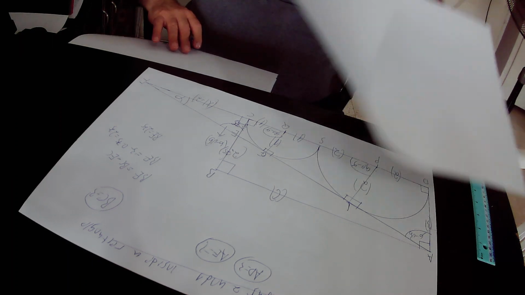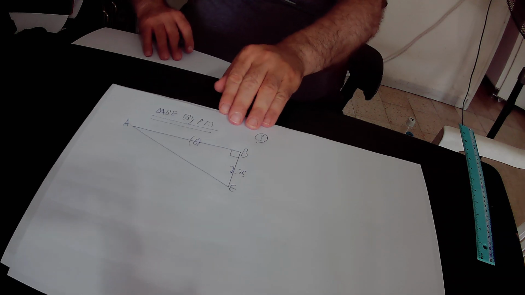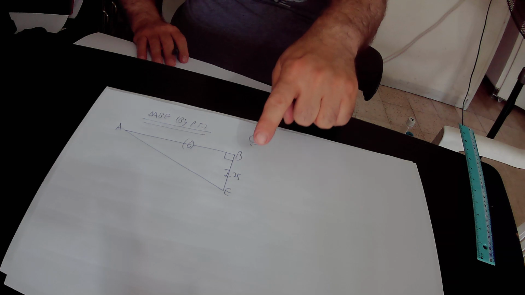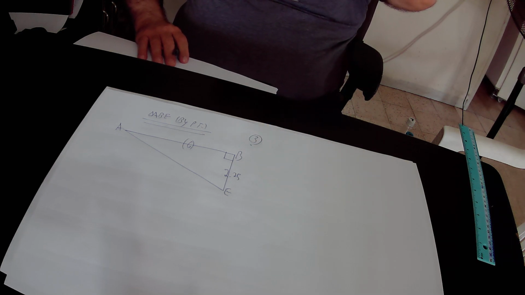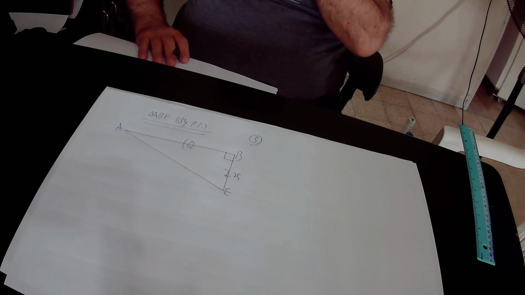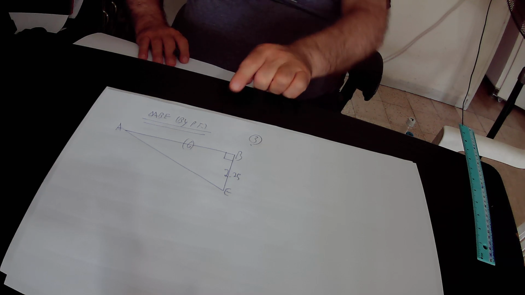So this is the right triangle ABE, from the original diagram. AE is the missing hypotenuse, the missing side. Here PT is the abbreviation for Pythagoras theorem.